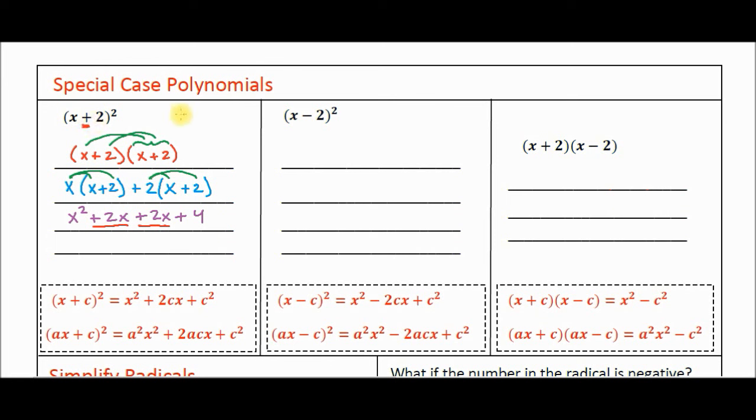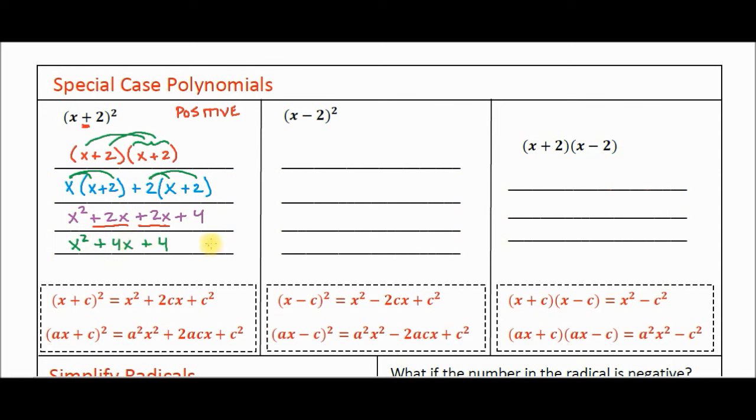So we're going to call this the positive case because we have a plus sign. So let's write this as positive. Alright, so we can combine those two middle terms, and our final answer will be x squared plus 4x, 2x plus 2x is 4x, plus 4.